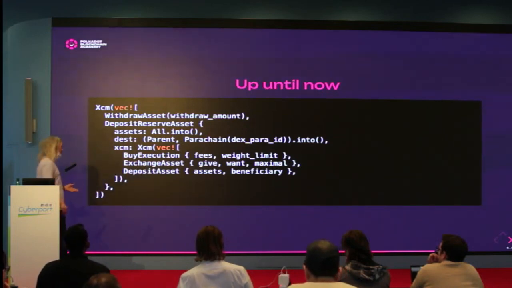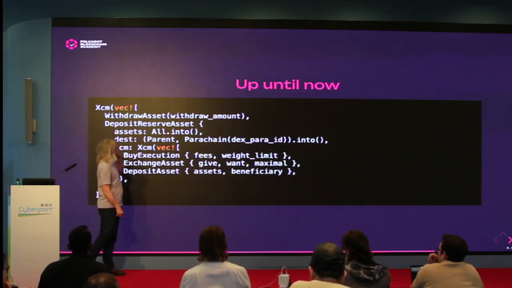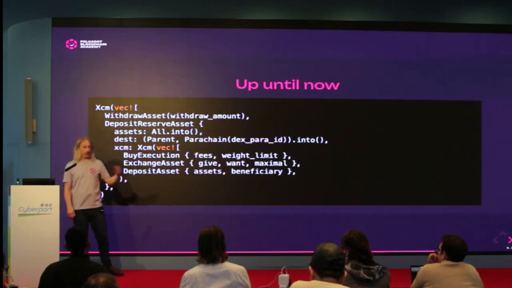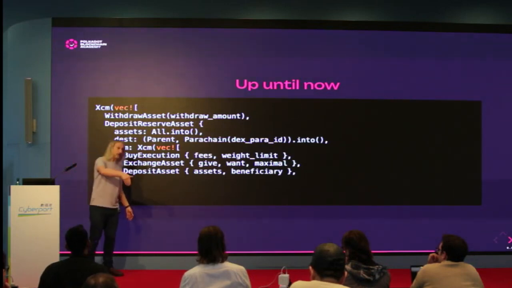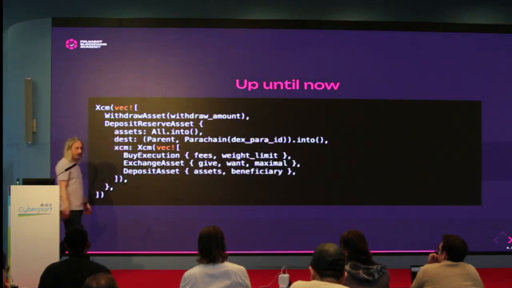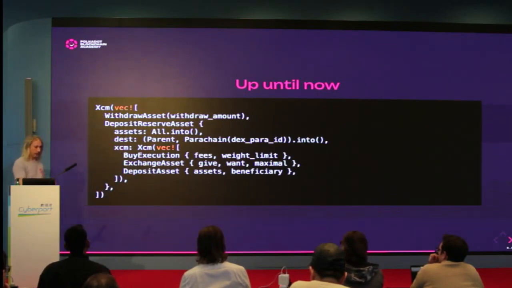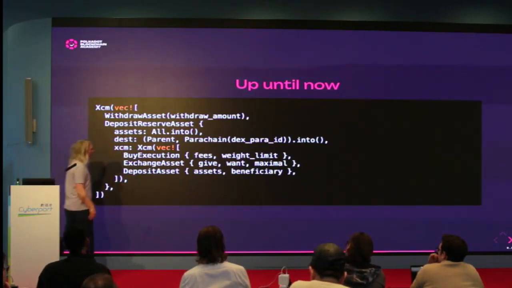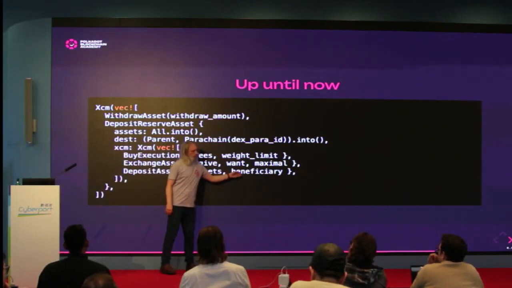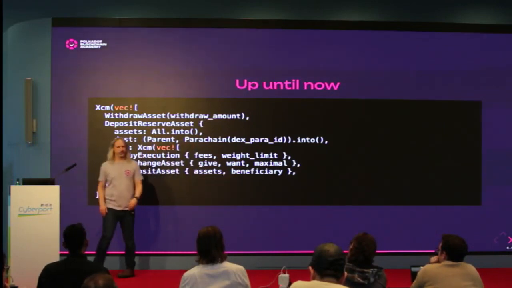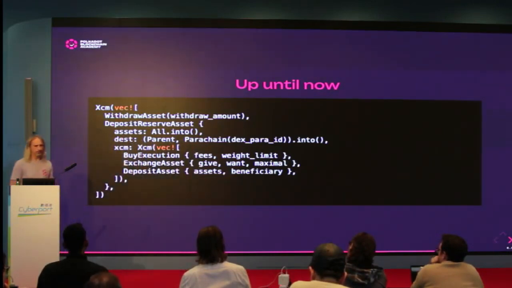So now what this does is it says, I'm sending some assets to the DEX chain, paying for some execution, and I'm going to leave the exchanged assets in an account local on the DEX chain. I can name the account, but it's still on the DEX chain. And that's not quite what we're after.